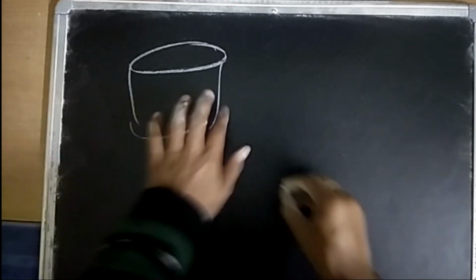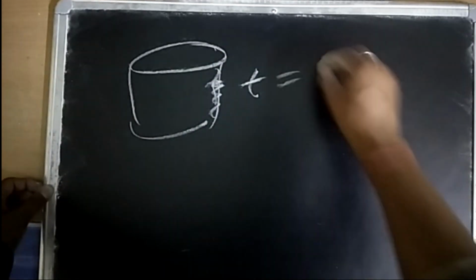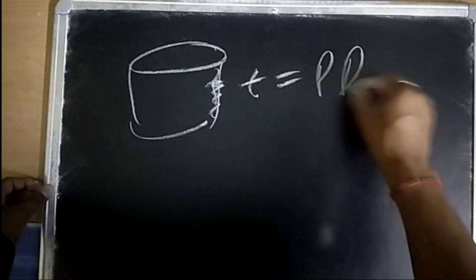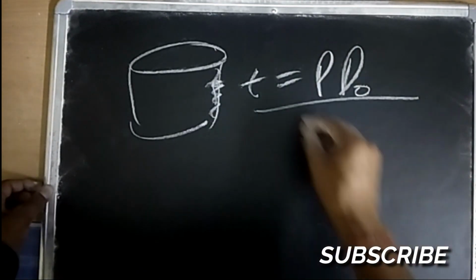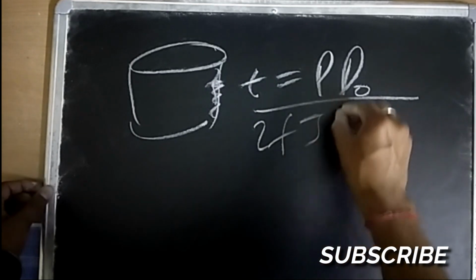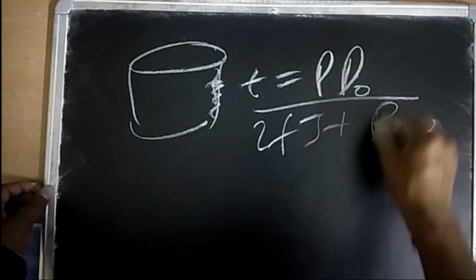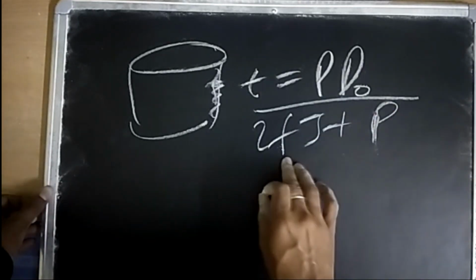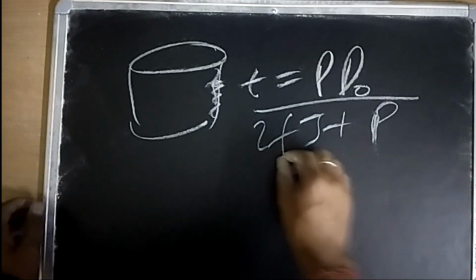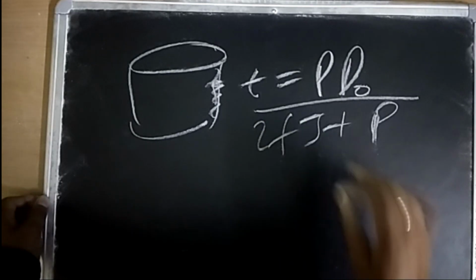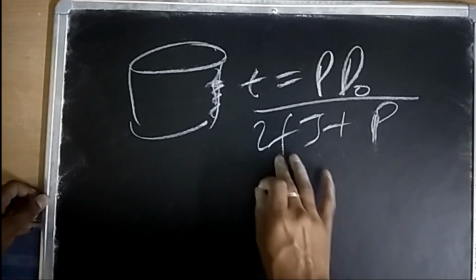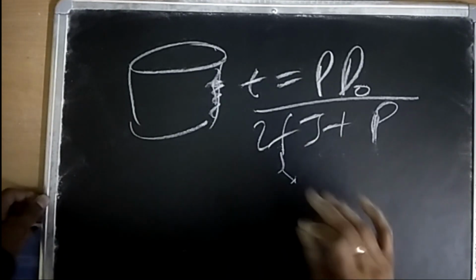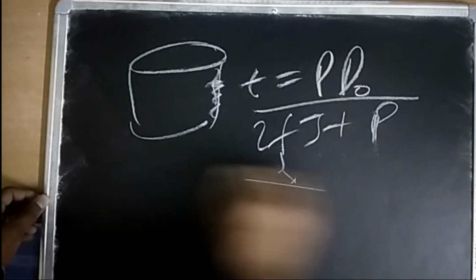Let's say we have a cylinder and the thickness of this shell is t equals p d naught, outer diameter, divided by 2fj plus p. Again, p is the pressure, okay, and d naught, f is some factor, it will be given. J is also some factor, it will be also given. F is the stress actually, J is some factor, and P, okay.